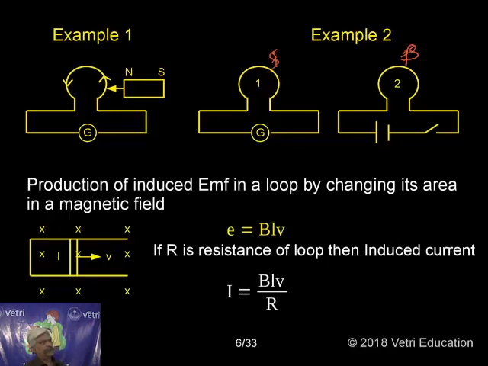Whatever may be the case, where the battery is there is called the primary coil. So in the primary coil, the battery connection is there. When the switch is on, the current flows through the coil. When the switch is opened, the current stops. What does it mean? If the switch is suddenly turned on, the current flows and because of this a magnetic field is produced. The maximum magnetic field is there.